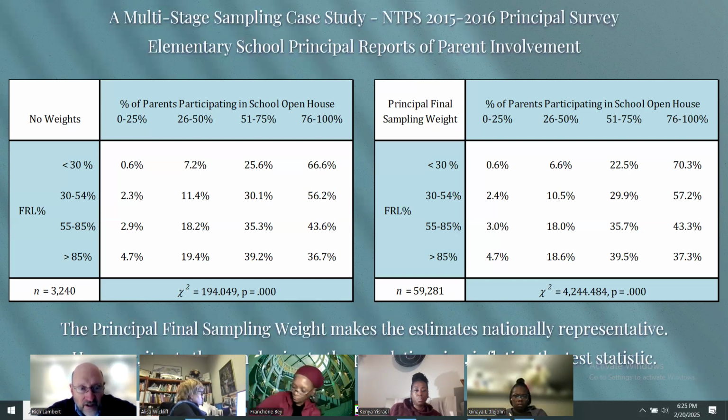Well, we see that in low poverty schools, the principals are reporting, oh, this is tricky. Let me think about this. Of the principals who work in low poverty schools, meaning that first row, 66.6% of them said that 75 to 100% of the parents will show up.